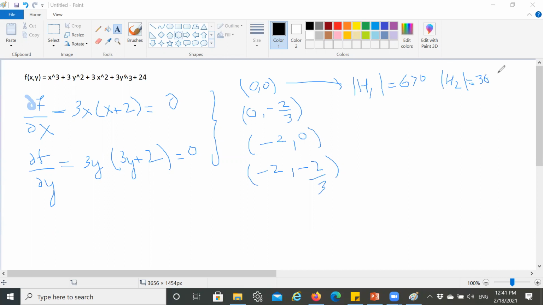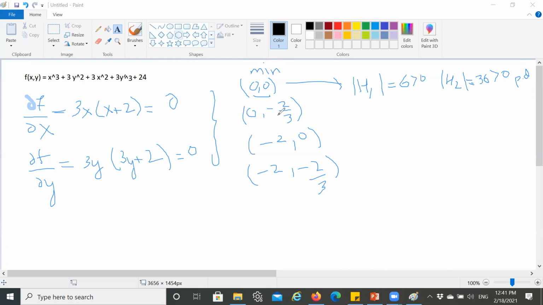I've solved this earlier, that's why I know the solution. So this would be positive definite, and since it's positive definite, this point would be a local minimum. Now I want you to do the same for these 3 points. The next 2 points are saddle points and the last one is a maximum.